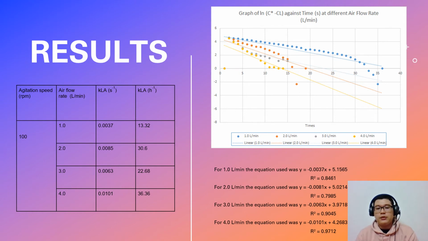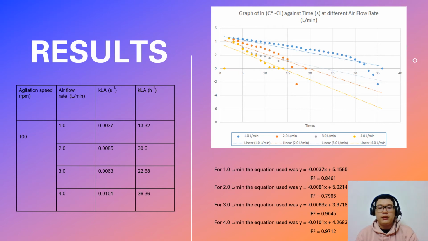For 3.0 liters per minute, the equation was y equals negative 0.03663x plus 3.9718, and the R squared is 0.9045.